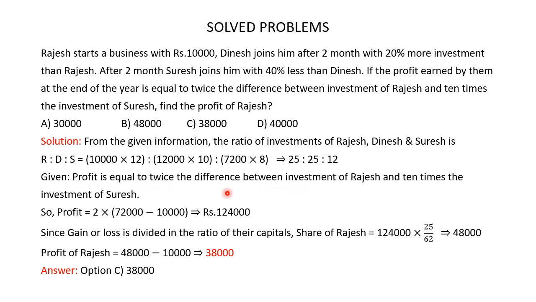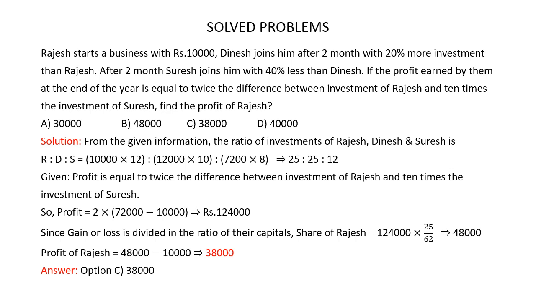Now it's given that profit is equal to twice the difference between the investment of Rajesh and 10 times the investment of Suresh. Now 10 times the investment of Suresh is 7,200 multiplied by 10, which is 72,000. Investment of Rajesh is 10,000.